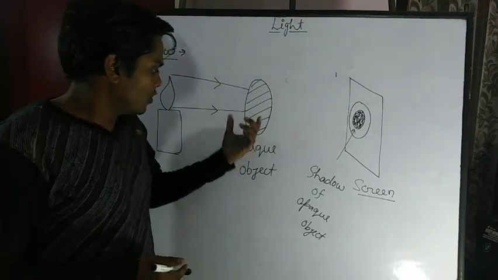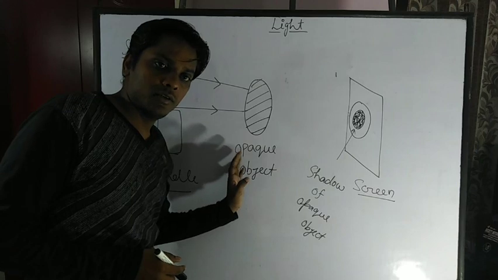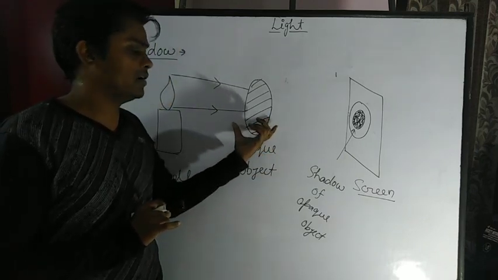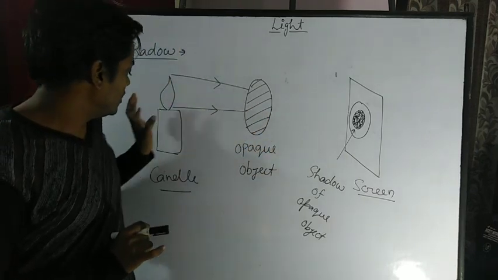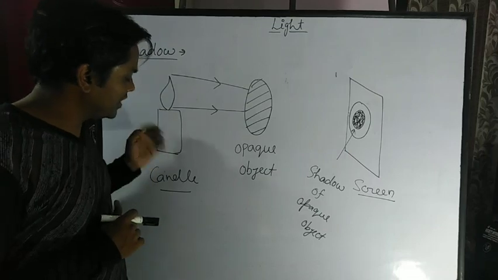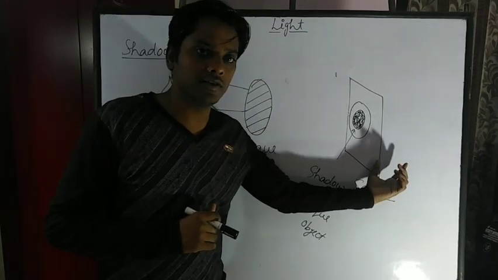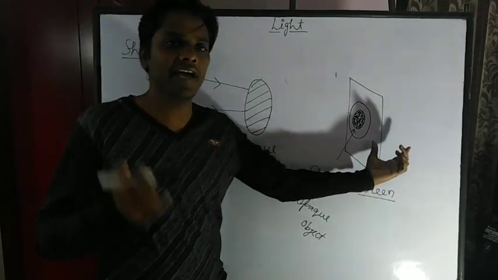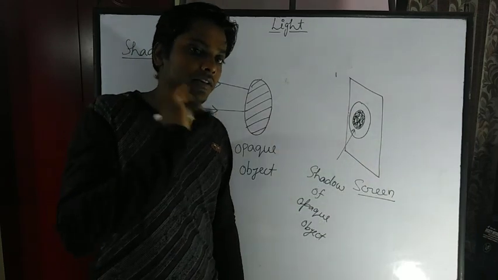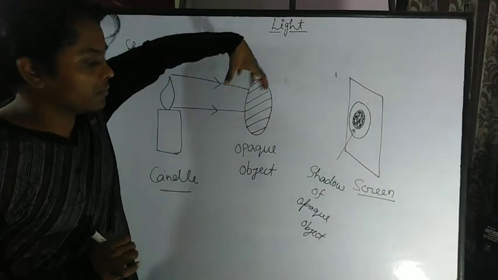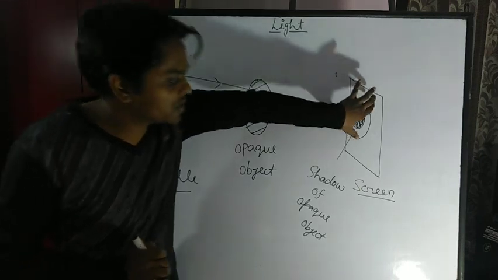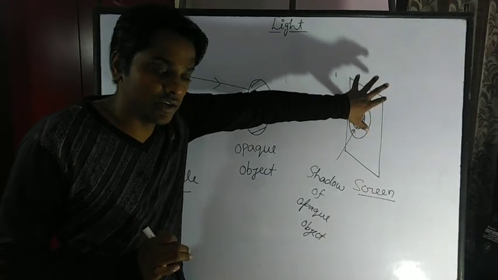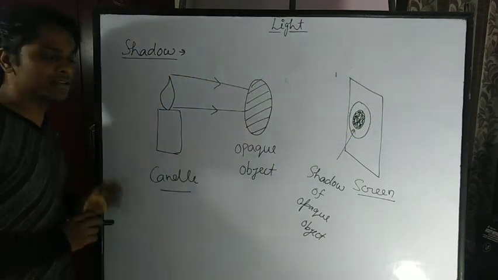Whatever opaque object is placed between the light source and the screen, the shadow on the screen is the shadow of that same opaque object. That is known as shadow.